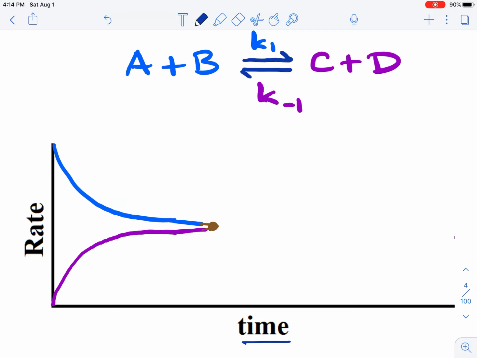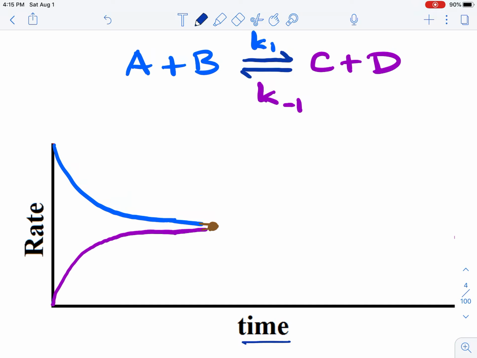And so let me take a step back. If you guys recall from the kinetics chapter, reactants will be consumed, and it's typically represented as an exponential decay, whereas products are going to be produced, and the graph that best represents that will be logarithmic growth.